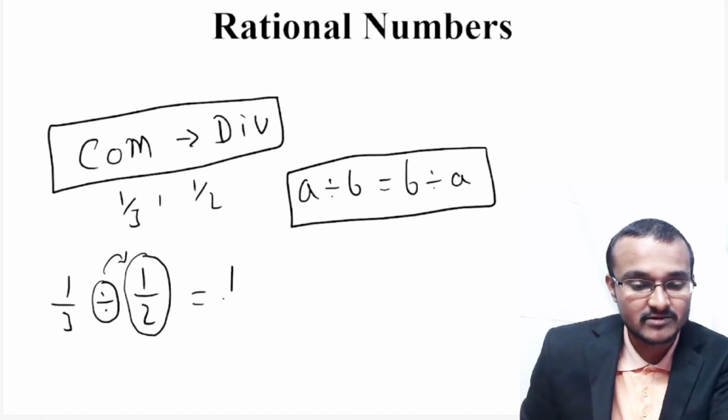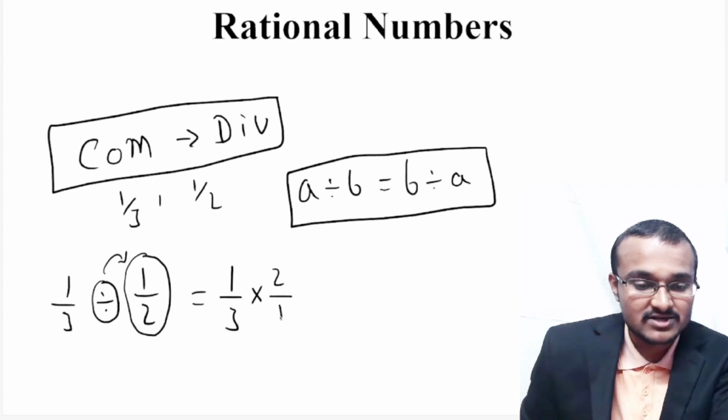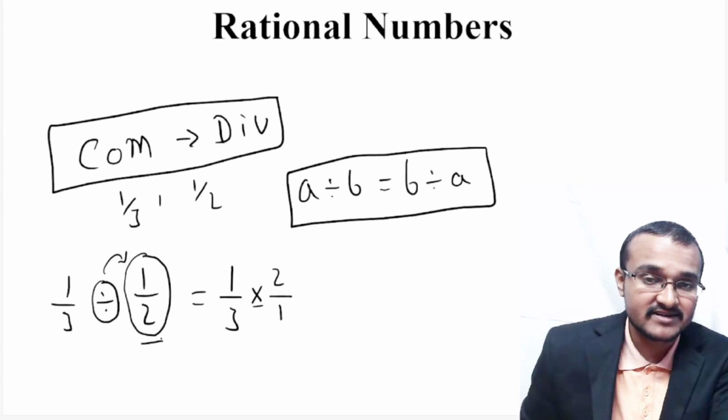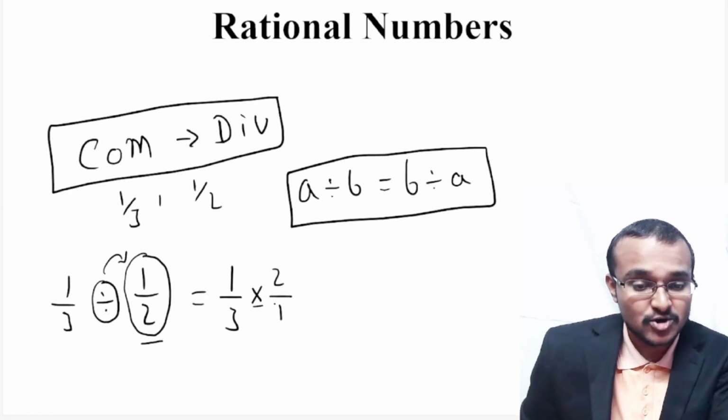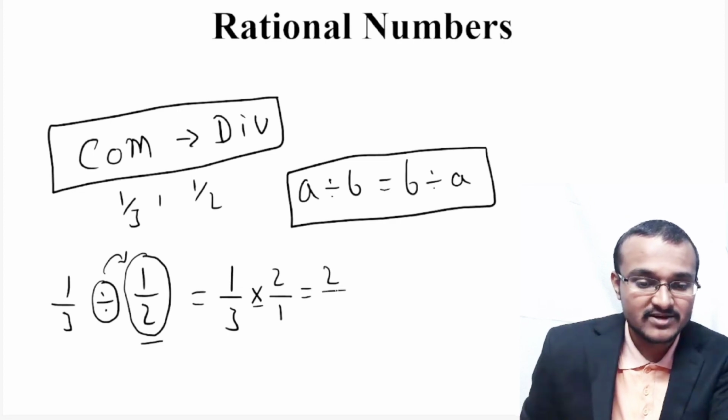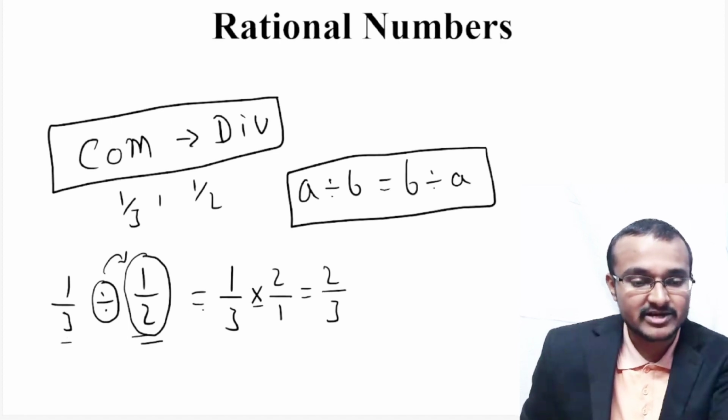So here 1 by 3 divided by 1 by 2 will become 1 by 3 into 2 by 1. So now you can see division has changed to multiplication and 1 by 2 has become 2 by 1. Now you can easily solve this. 2 into 1 is 2, 3 into 1 is 3. So when you divide 1 by 3 by 1 by 2, you will get the answer as 2 by 3.